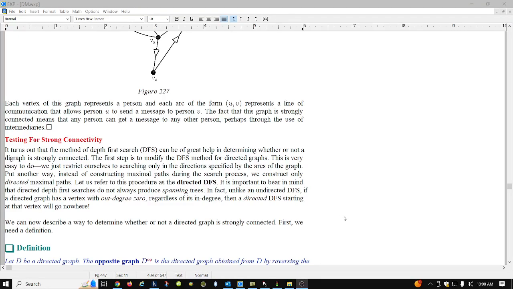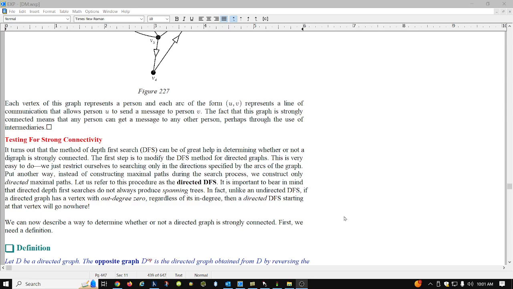Now, it is important to keep in mind that directed depth first searches don't always produce spanning trees, unlike the case for undirected depth first searches in a connected graph, of course.